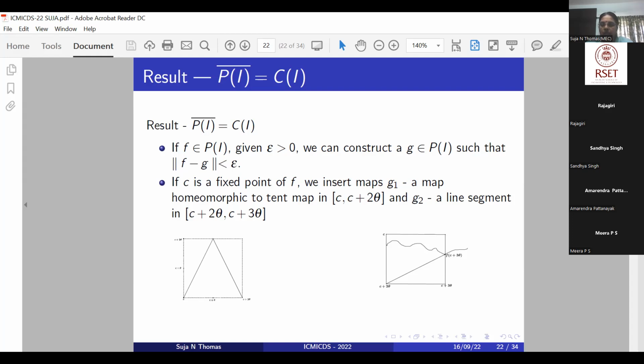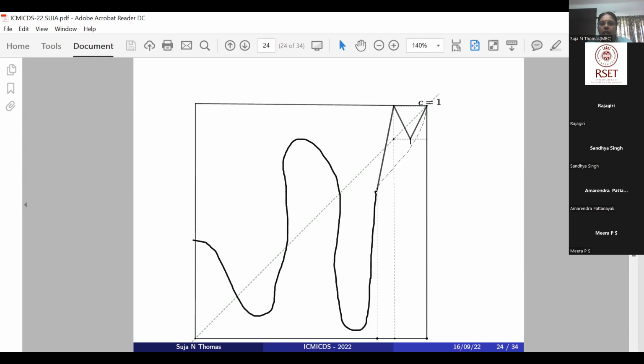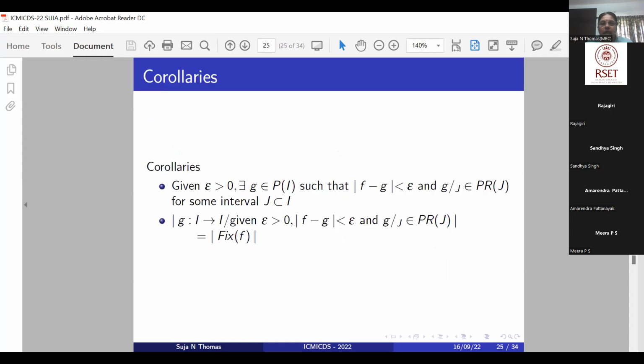Like this, it will be such that the norm of f minus g will be less than epsilon. And if the fixed point is at 1, then the construction is like this. And so we have the corollary: at each fixed point of f, we can construct such g's, and therefore the cardinality of such g's is equal to the number of fixed points of f.